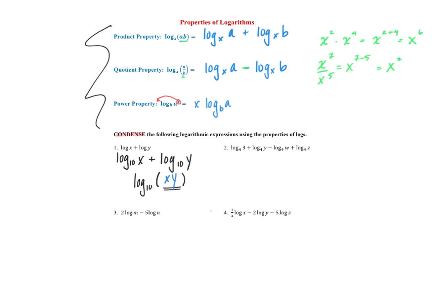So we're applying this product property. When you had two expressions in the argument, I gave each one of those terms its own log, and I added the logs together. Now I'm going backwards. Log base 10 of x plus log base 10 of y, I can write as a single log by combining those arguments and writing it as a product.